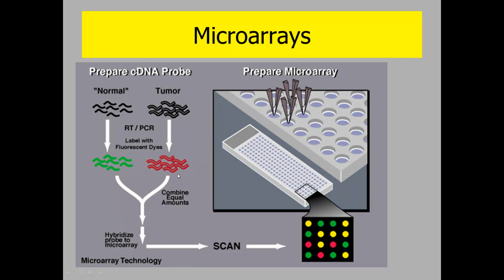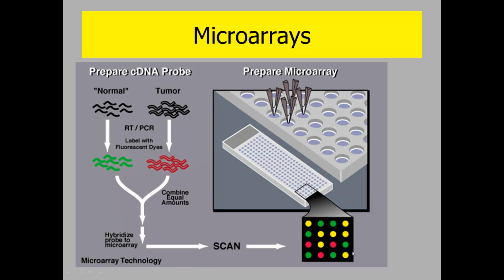So this is a large population of messages, and when they hybridize to a specific gene, it's going to light up. So for example, if the tumor gene was expressed, it would give you a red spot. If the normal gene were expressed, it would give you a green spot.